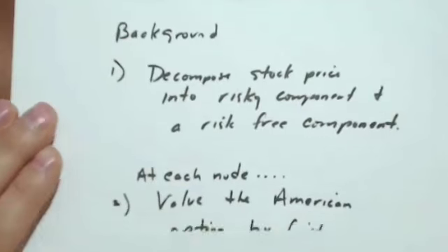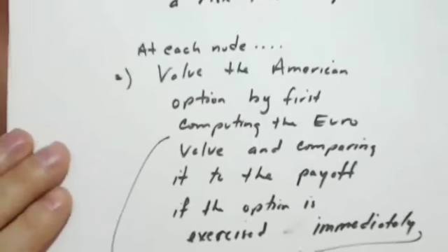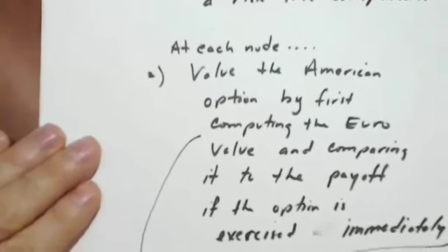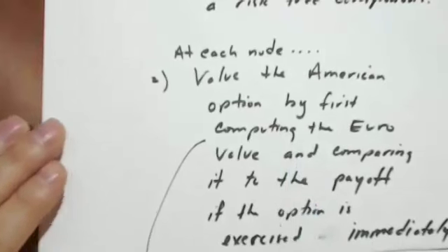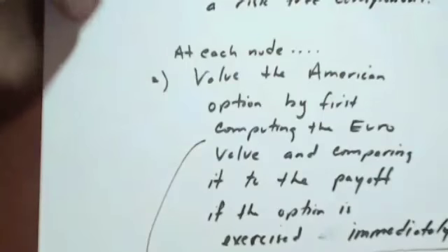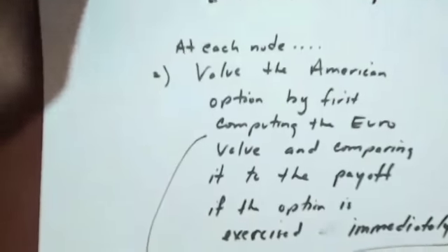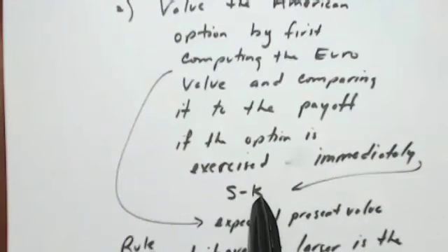Now, the second thing you want to keep in mind is this bullet here. It says basically at each node, we want to value an American option by first computing the European option value, and then comparing that payoff to the payoff of exercising the option. So if we were to exercise the option immediately, what would we get? We would get the stock price minus the strike.